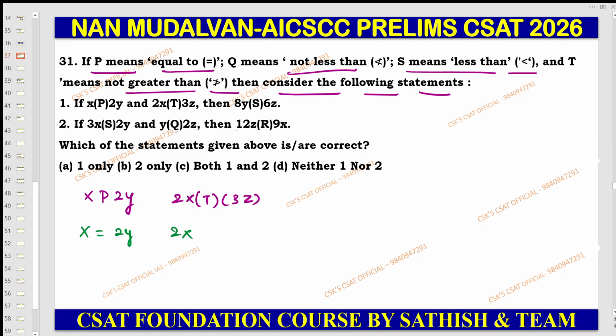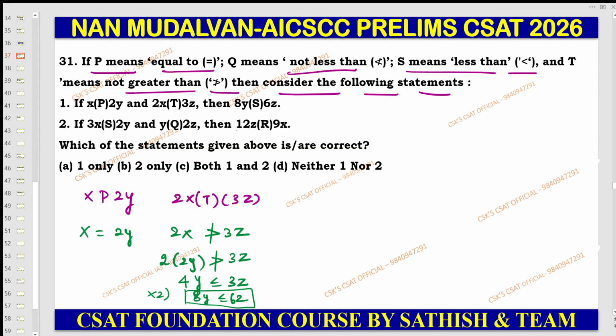So you substitute the value of X: 2 into 2Y not greater than 3Y. Not greater than means less than or equal to, so 4Y is less than or equal to 3Y. Even if you multiply this by 2 on both sides, it becomes 8Y less than or equal to 6Y.